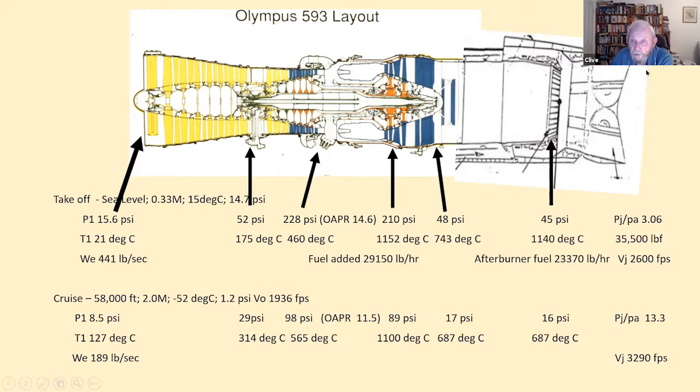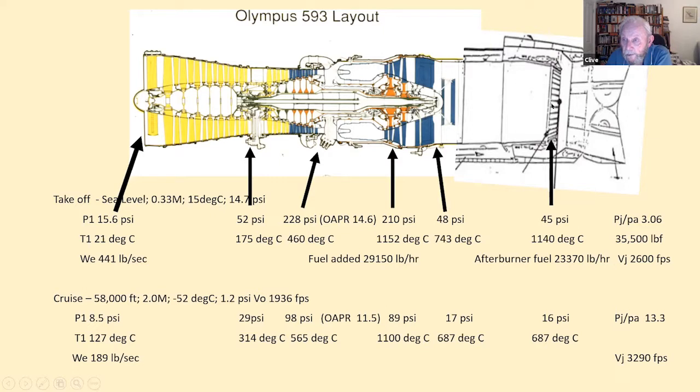The reason it changes from Technicolor to black and white at the back is because I grafted another picture of the back end on so that we could include that. The engine, of course, uses reheat for takeoff and reheat for transonic acceleration, but it does use no afterburner for cruise, which is something which no other engine at that time could do.